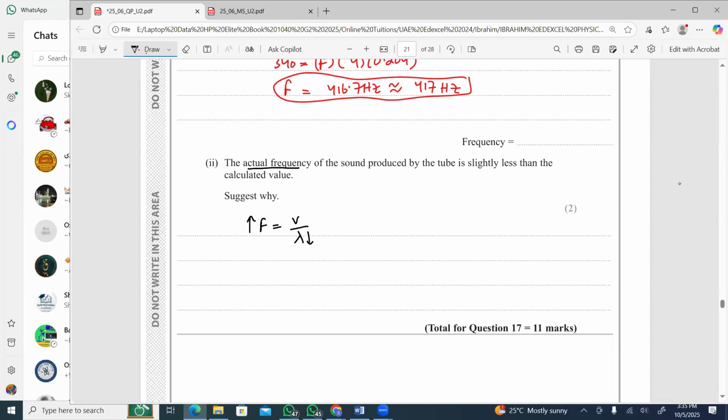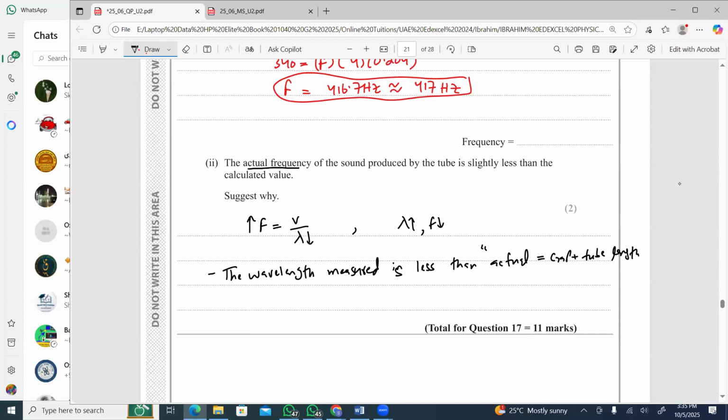So in actual, if we consider that gap between the tuning fork and the tube, then the wavelength will increase and therefore the frequency will decrease. Okay, so you just write that the wavelength measured is less than actual, because actual is gap plus tube length, right?